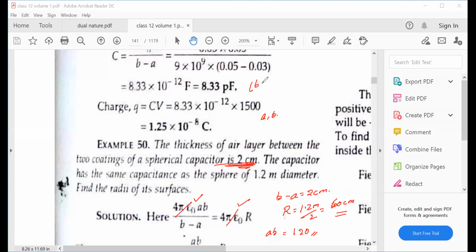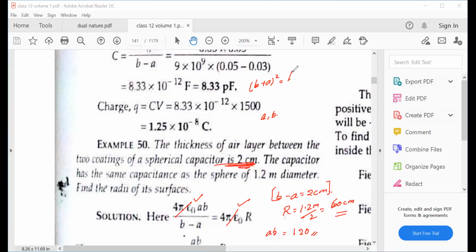The relation is B plus A whole square. Why B plus A? Here they have given the difference as B minus A. B plus A whole square is B square plus A square plus 2AB. Here we know B minus A and we know AB, the difference and the product. Now we are going to find the individual values.